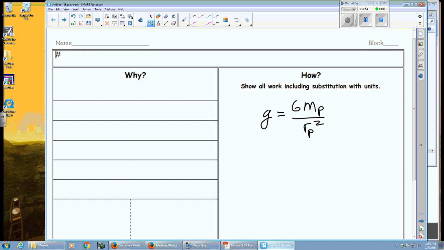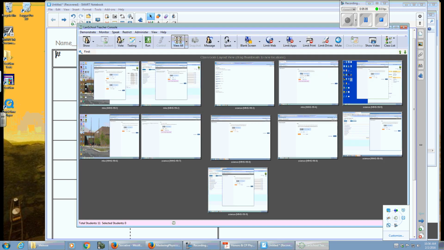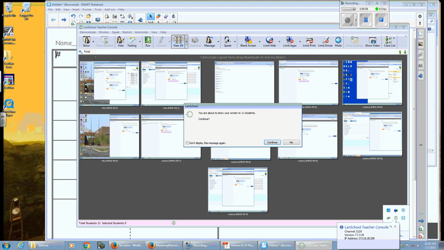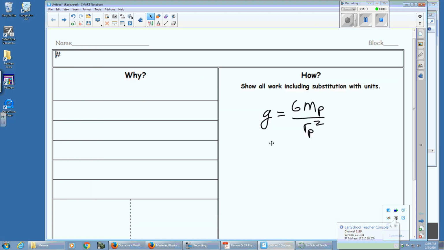The subscript P is because a lot of times we're talking about the planet creating the gravitational field; the subscript is the planet or person or whatever is creating the field.